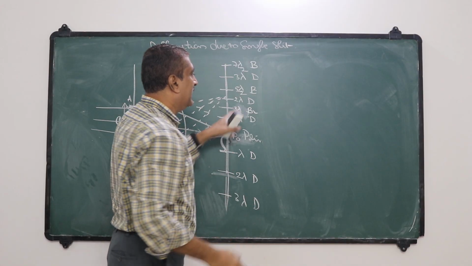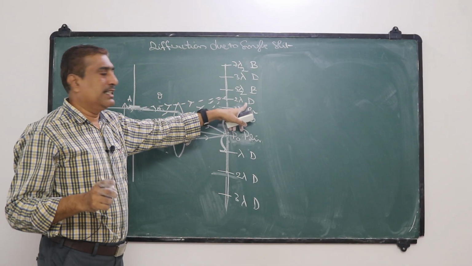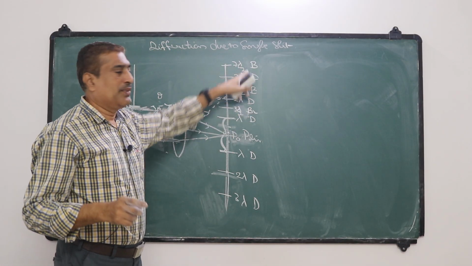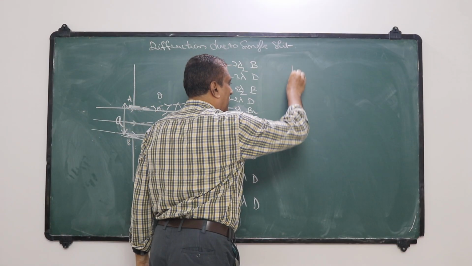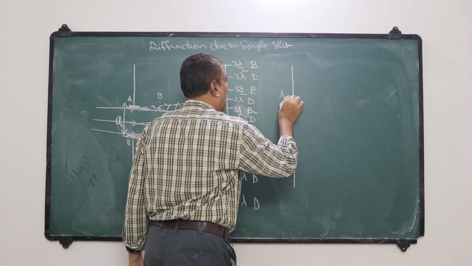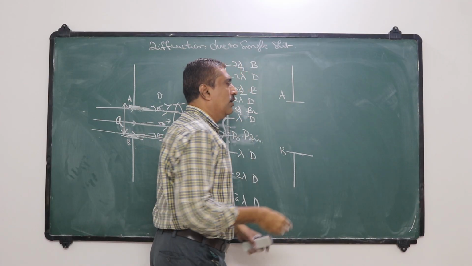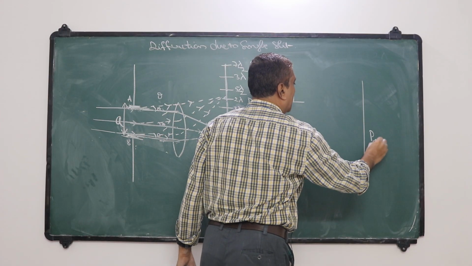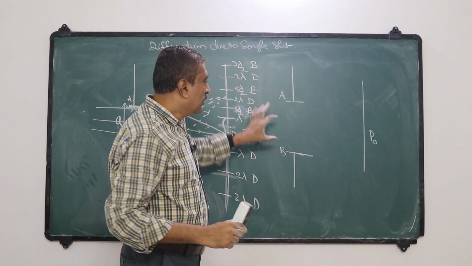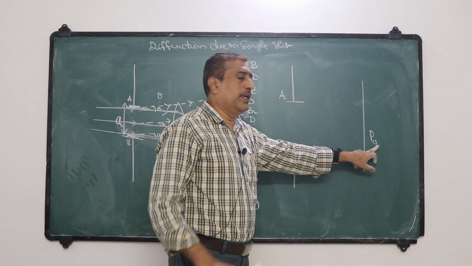Now the intensity of bright bands is decreasing. Why? Because suppose we consider this AB. Now for the central maximum P0, the light from the total width reaches P0.